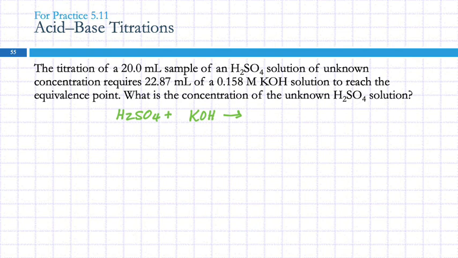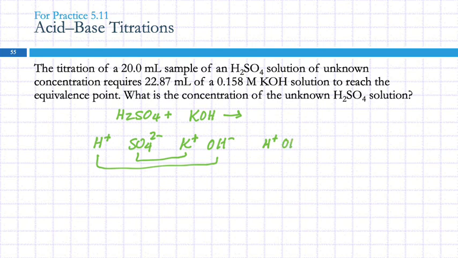So let's look at this. Sulfuric acid has 2 hydrogen ions, right? And a sulfate ion. And KOH has a potassium ion and a hydroxide ion. And we're predicting the products the same way we did with the precipitation reaction: swap the partners. So put H with OH and K with SO4. So here's my H+ and my OH-, and what does that make?